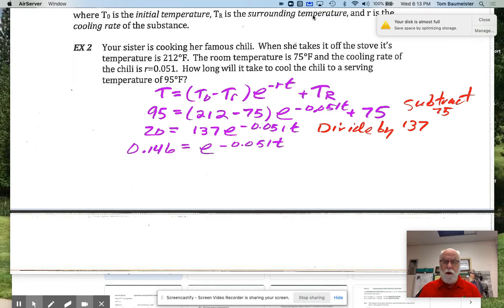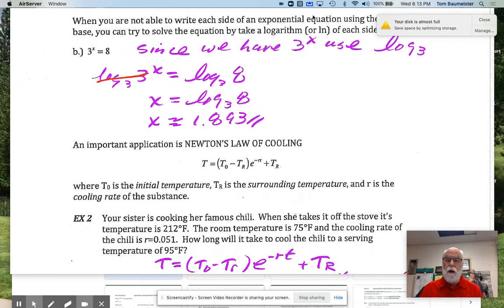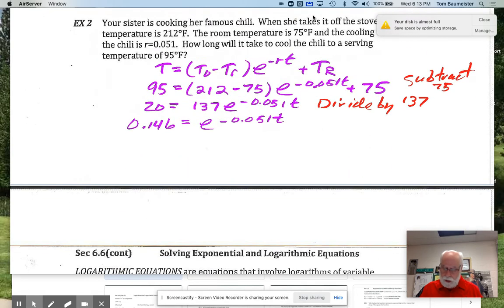All right. So now again, the t is an exponent up there. To bring it down, I have to do what I just did up here when I did the logs. So how do I get rid of an e? Do you remember? Okay. Well, if you don't remember, you're going to take the natural log on both sides.